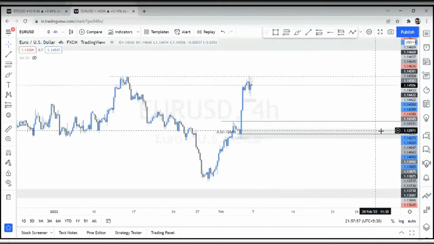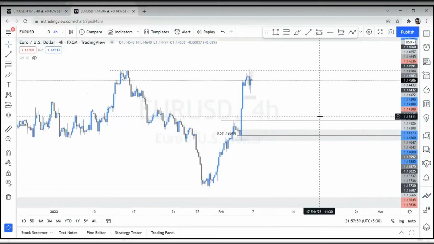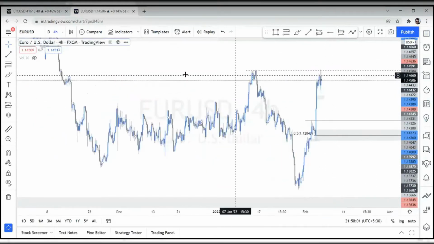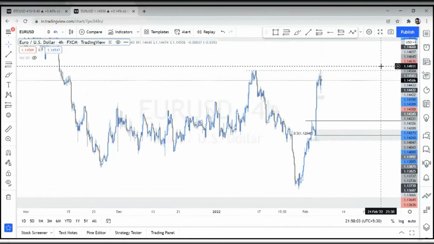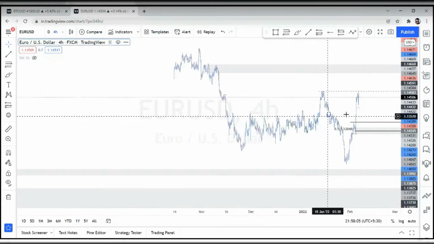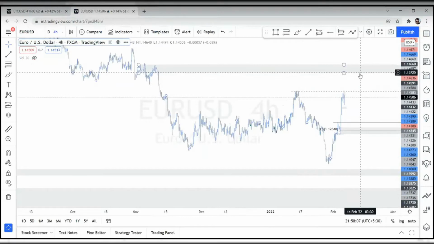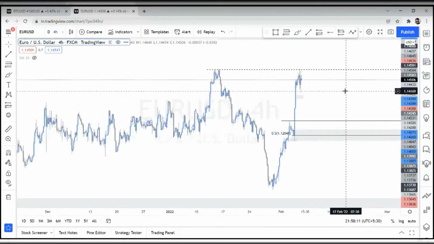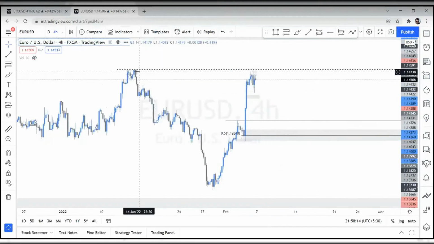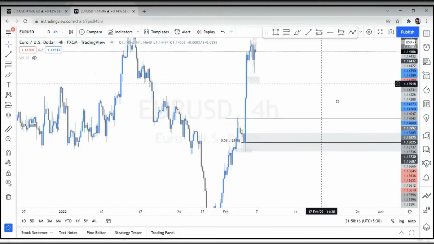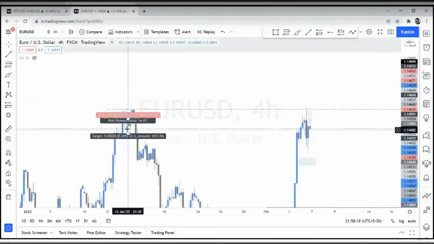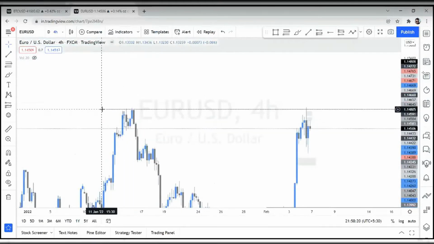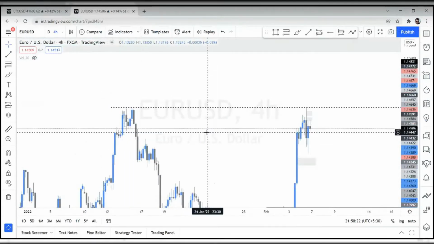So what do we have on Euro USD right now? This is a 4-hour chart. Our expectation is that price will go here and then move down, but that did not happen, right? Price is reversing already from this area, but the interesting thing is it broke the high of this structure with this move.